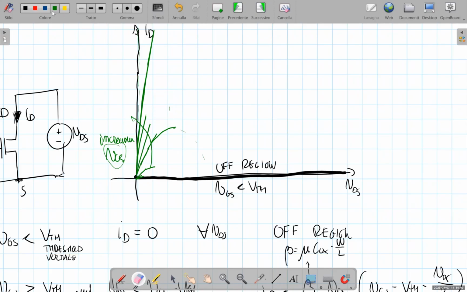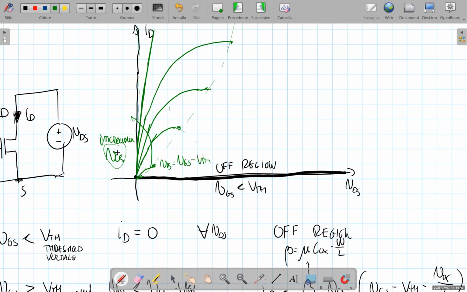Let me try to sketch it in a slightly better way. Actually, these would be parabolic curves. When we reach the vertex of the parabola, which are actually all the vertices of the parabola at different VGS are aligned, since this corresponds to VDS equal to VGS minus VTH.